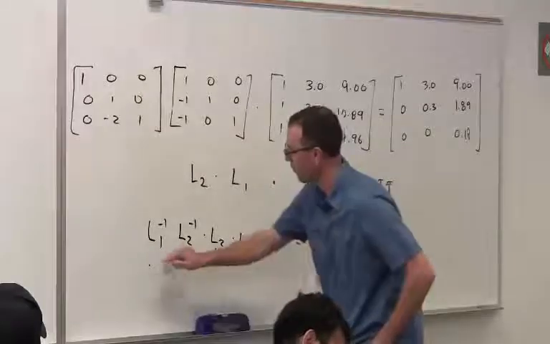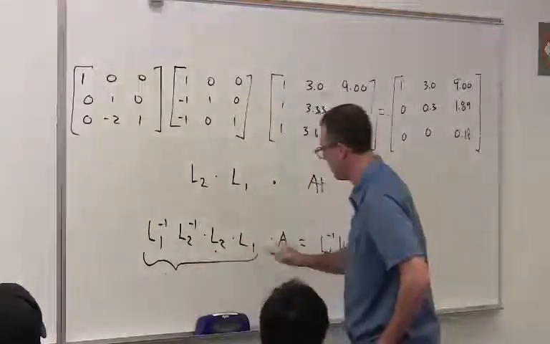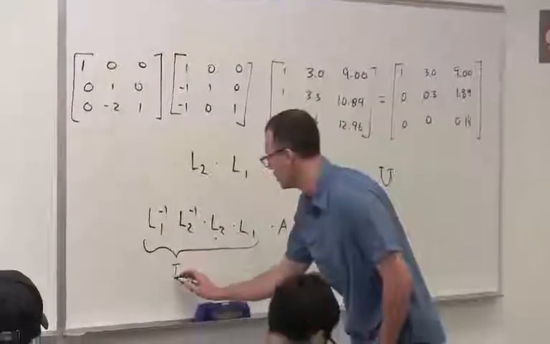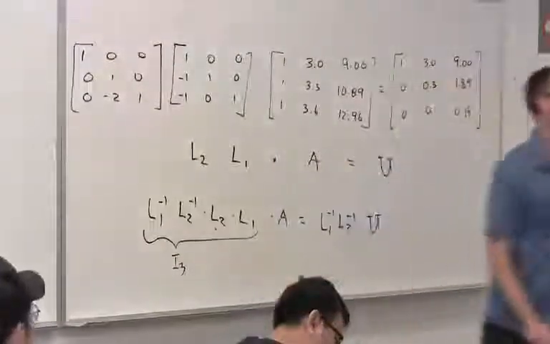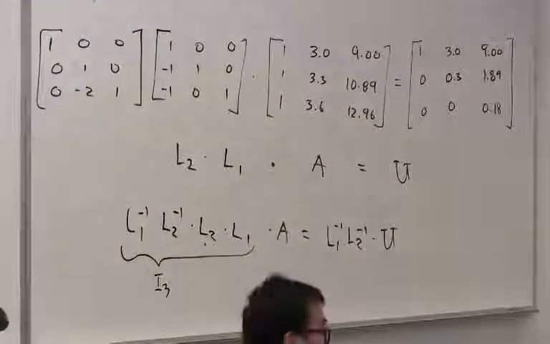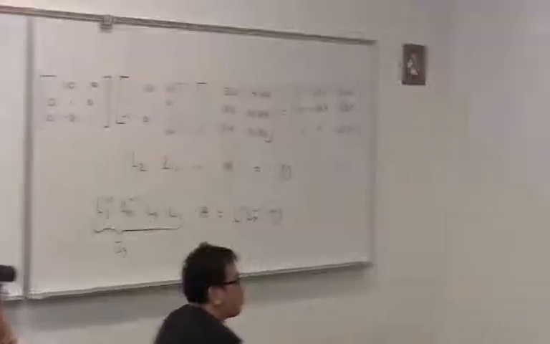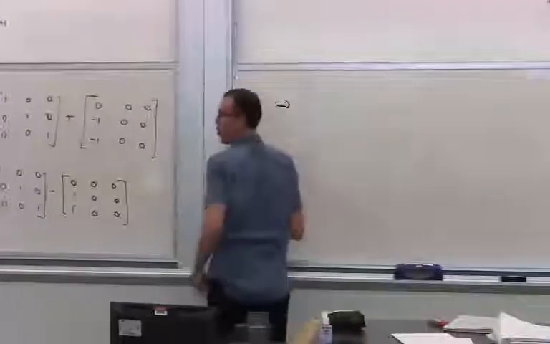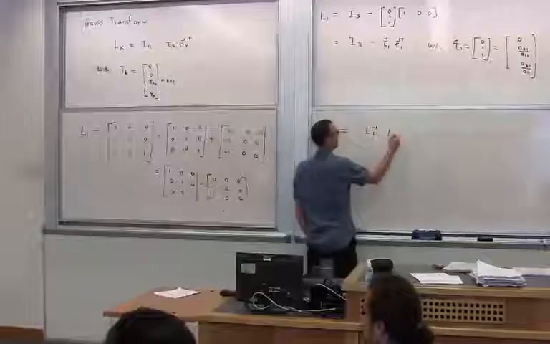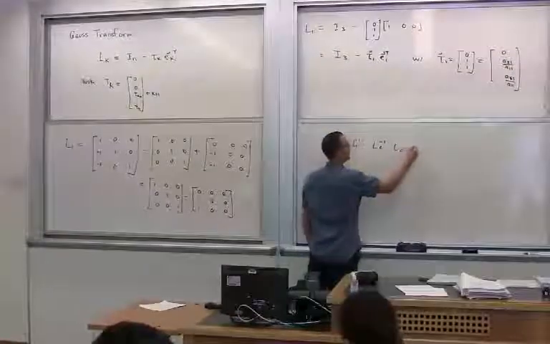What's the claim here? If I multiply all of these together, what do I get? The identity matrix. When we come back, we'll finish this. But now we have a situation where I'll write this all out for us. I think it's worth doing it.